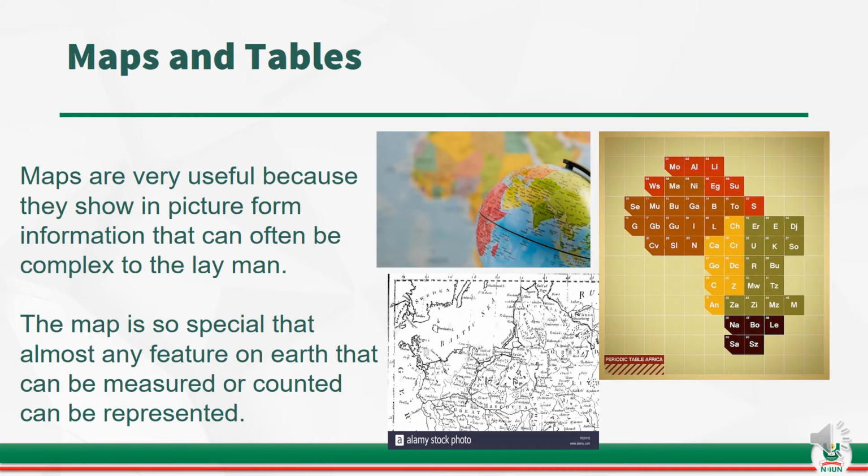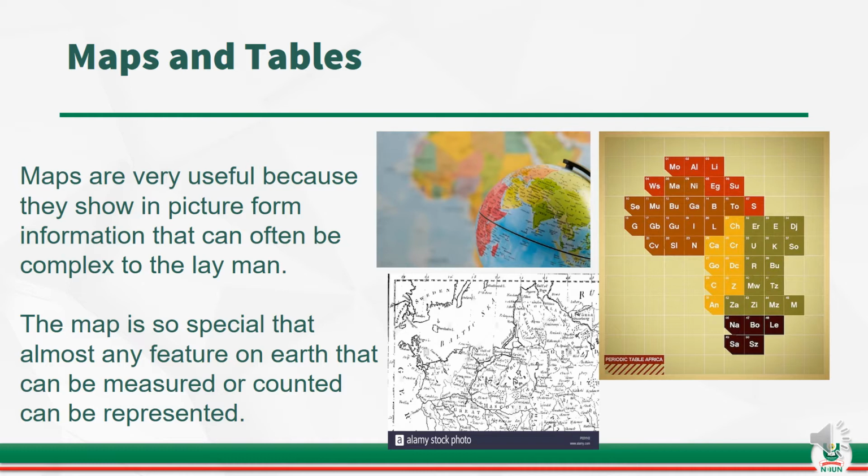The maps and tables. Geographers use many sources of information in their study of the earth, among which are books, pictures, and special equipment like binoculars. But the most important tool of a geographer is the map.